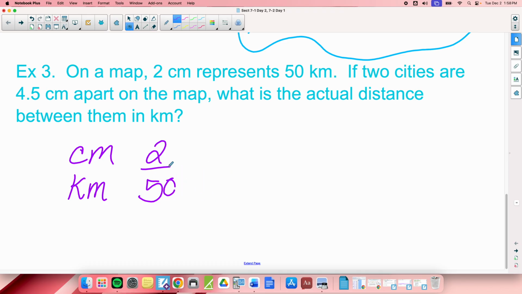Okay, so we're gonna go 2 over 50 equals, and then it says, what is the actual distance? Oh, sorry. If 2 cities are 4.5 centimeters apart, the 4.5 goes on the top. What is the actual distance between them in kilometers? So that is our x, okay?